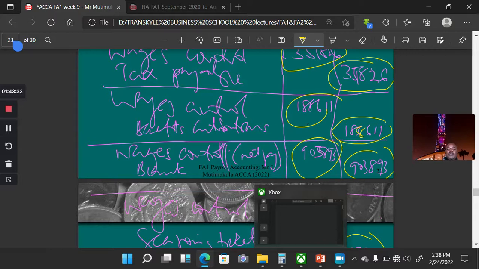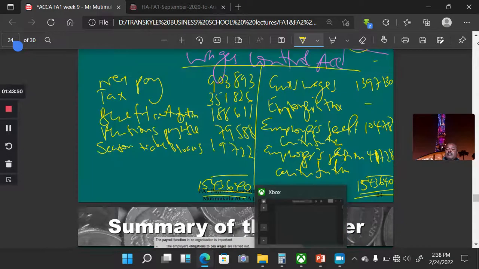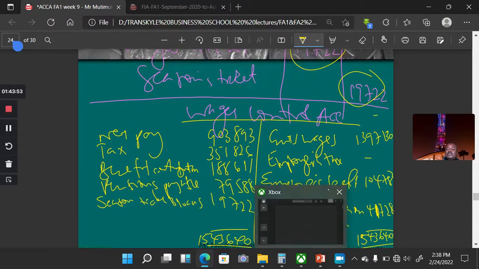What is being debited in the wages control account is being credited, and what is being credited in the wages control account is being debited.